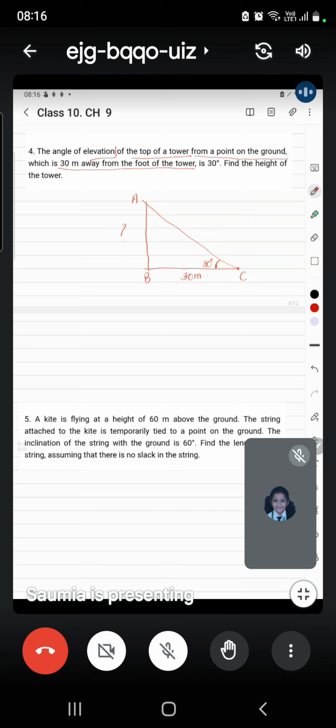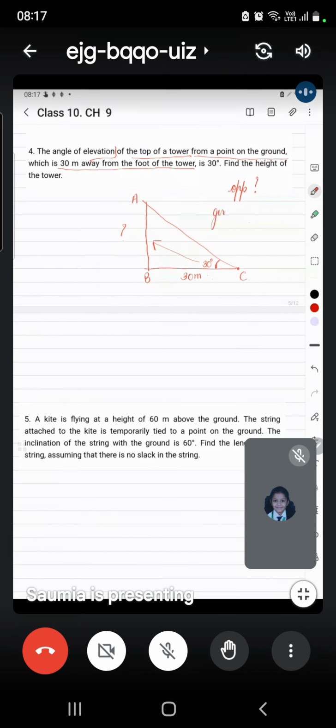Now let us look at what is available to us. The side that I have to find out is which side for the angle? Missing side is which side? Opposite. That means I have to find out the opposite side.